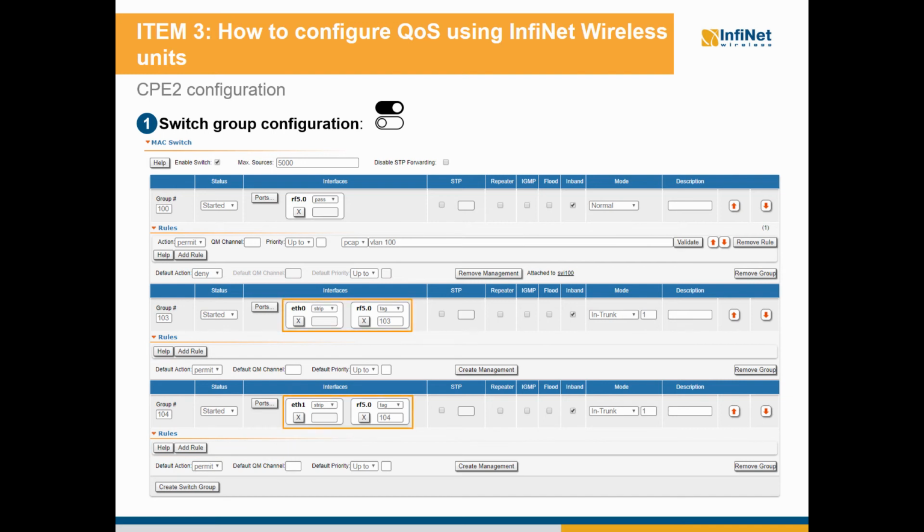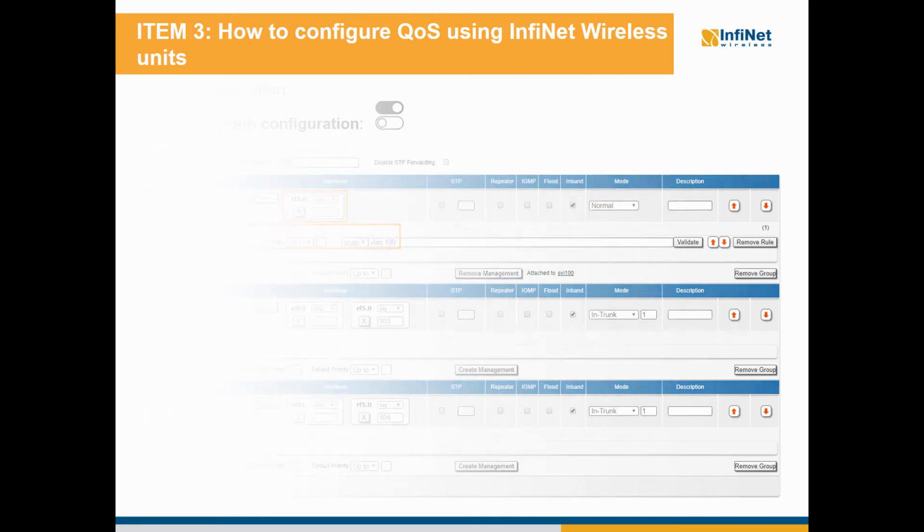Since the Ethernet ports must be in access mode, the strip option must be configured for both Ethernet 0 and Ethernet 1. On the other hand, the RF interface should tag the traffic with VLAN 103 or VLAN 104, so it is set as tag on both data switch groups. And switch group 100 is used for the management of the CPE2 unit as well.